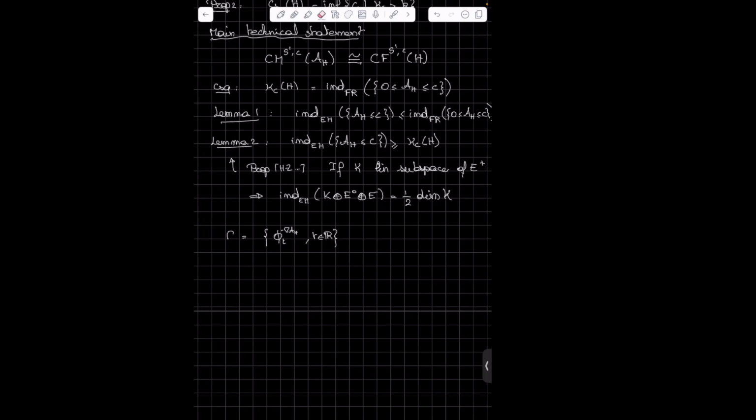But in the end, in the proof, the only thing we needed was that it contained the flow of the gradient of the action function. That was the key.